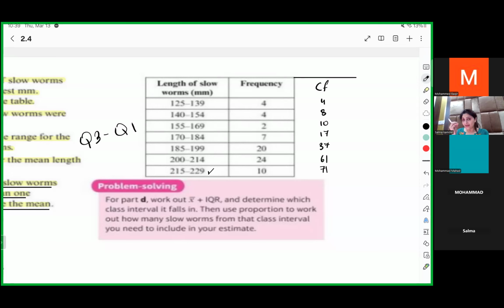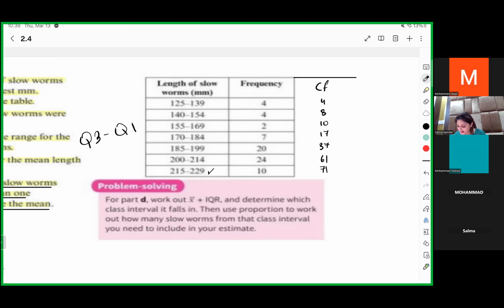We are looking to find the number of slow worms above 217.7. But this formula is going to give me the number of slow worms up to 217.7.